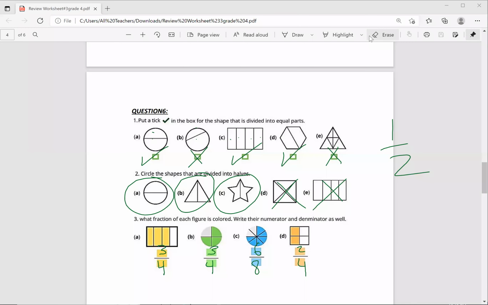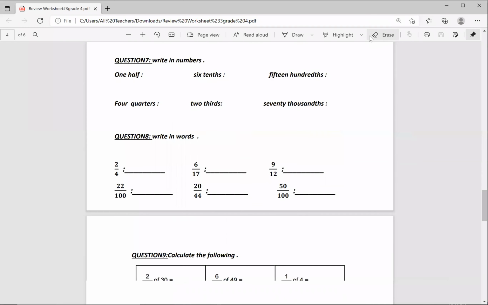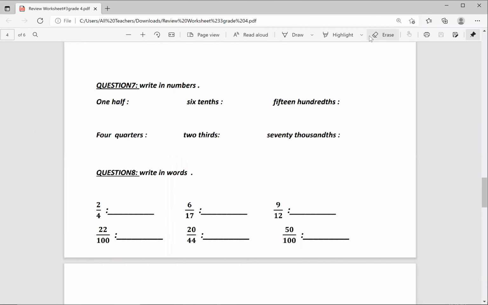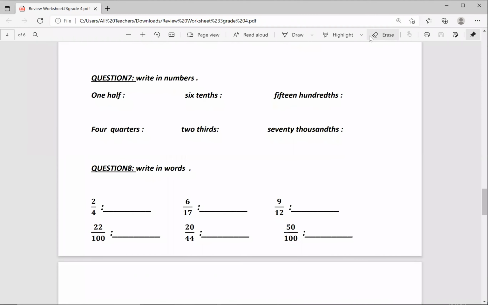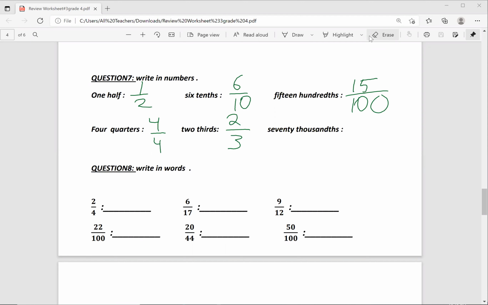Let us now continue to question number 7, where we need to write the fractions. So 1/2, it's 1 over 2. 6/10, it's 6 over 10. 15/100, it's 15 over 100. 4/4, it's 4 over 4. 2/3, it's 2 over 3. 70 thousandths, it's 70 over 1,000.